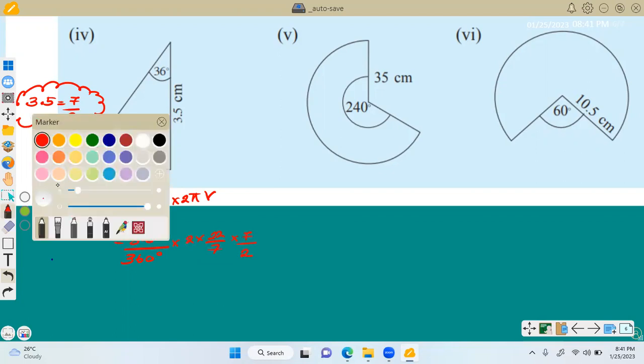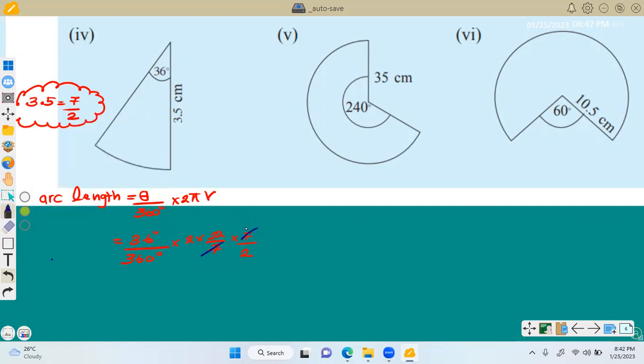Now can you see that easily we can cancel 7 to 7? Then 2 by 2. And here 36 divided by 36 is 1. 360 divided by 36 is 10. Then 22 upon 10. 22 upon 10 means what? It is 2.2 centimeters. Easily we can reach the answer.